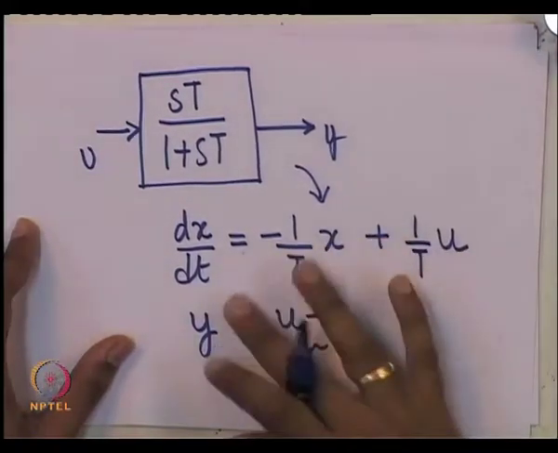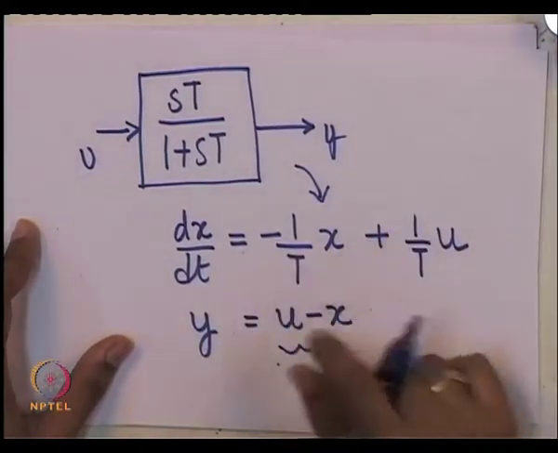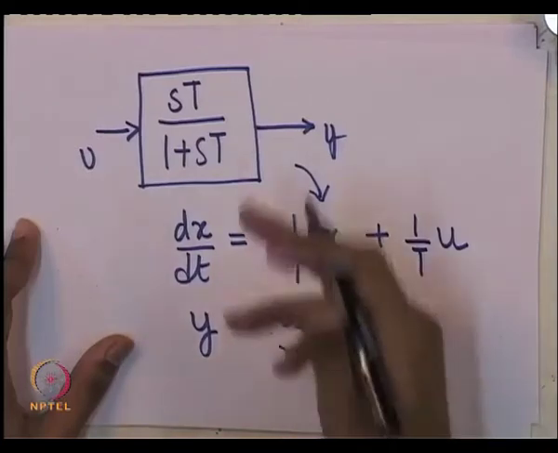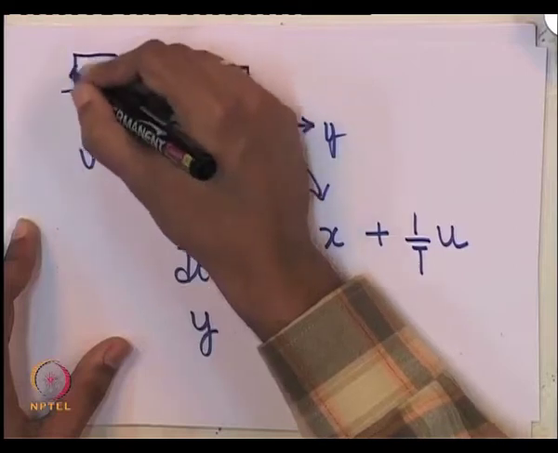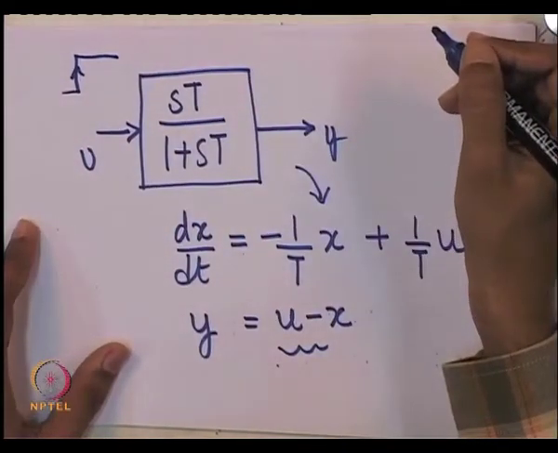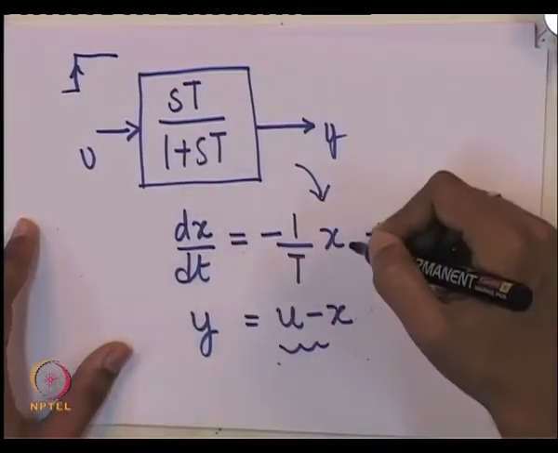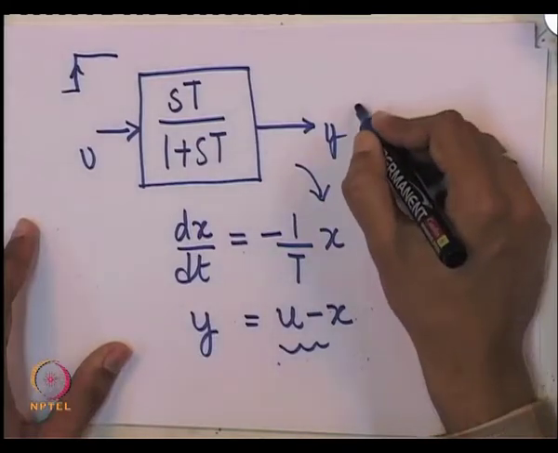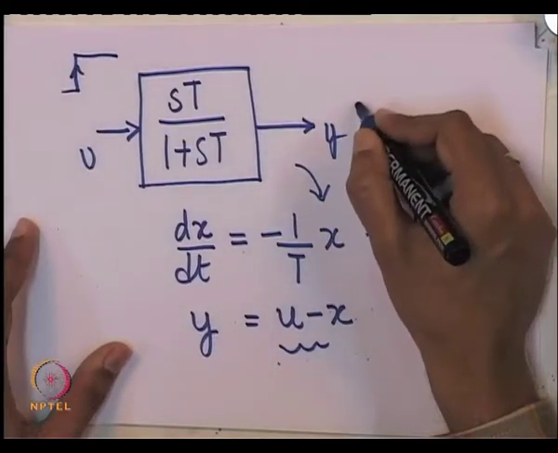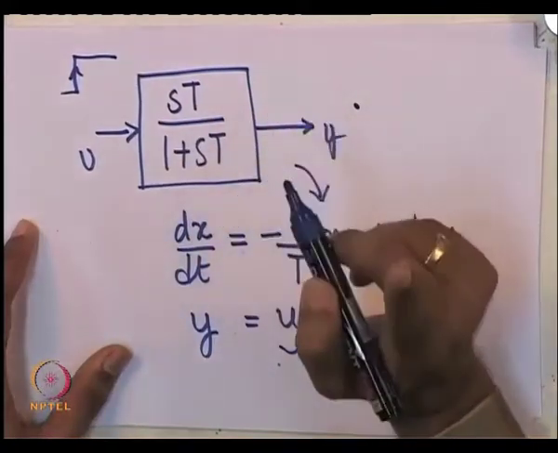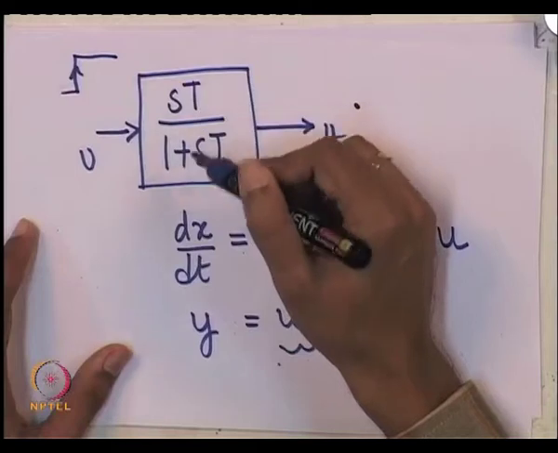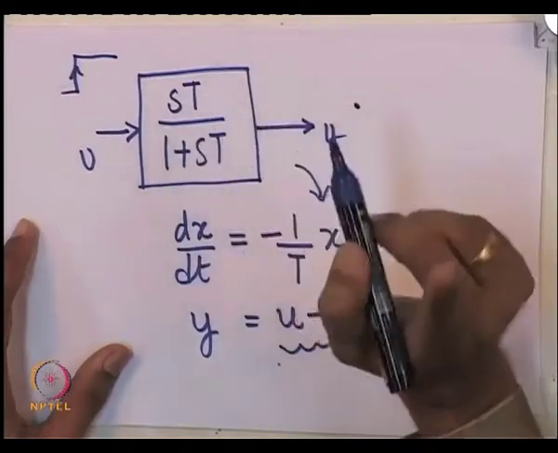If you look at this, can you guess what is going to be the response for a step change in input? Well, you can actually work it out, but it is not difficult to see that the high frequency gain of this is going to be 1. If you look at the frequency response with omega large, the gain is going to be 1.